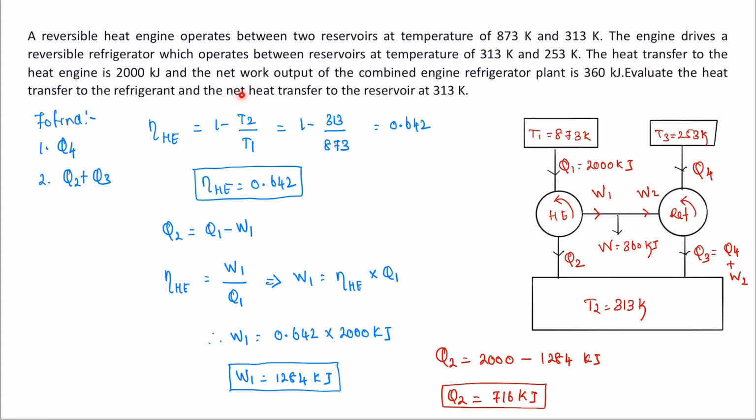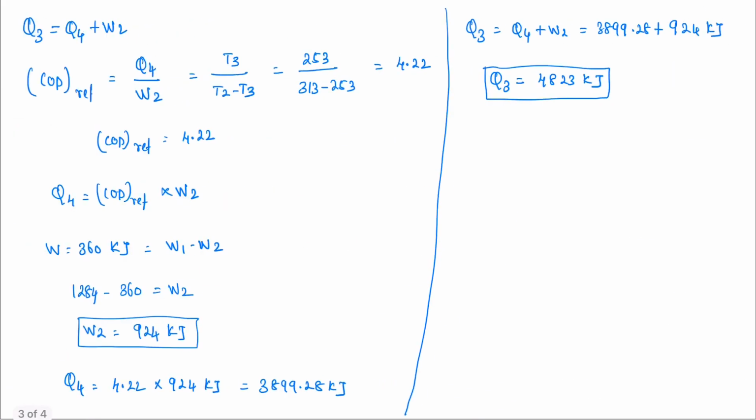Now we have found the value of Q3, and as per the question we have to evaluate the heat transfer to the refrigerant and the net heat transfer to the reservoir at 313 Kelvin. The net heat transfer to the reservoir at 313 Kelvin is nothing but Q2 plus Q3. We have found the value of Q2 as 716 kilojoule, and we have also found the value of Q3.